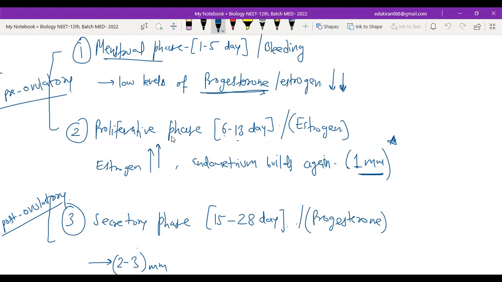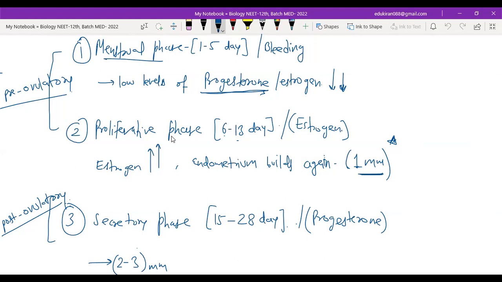Next point, high levels of estrogen cause the endometrium to thicken. Do you understand, Fatima, which hormone is important for making the endometrium? Yes, sir. It's estrogen. So the increased levels of estrogen cause the endometrium to thicken and develop blood vessels and glands in it.